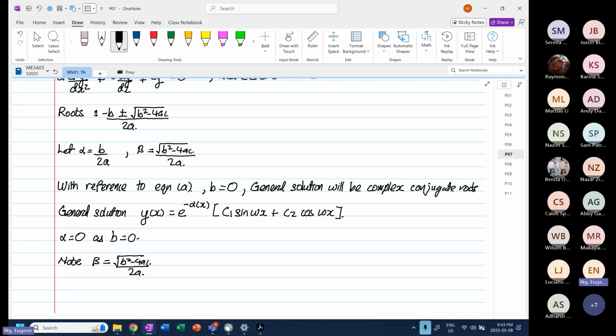So we realize that in our case, from equation A, b is equal to 0.